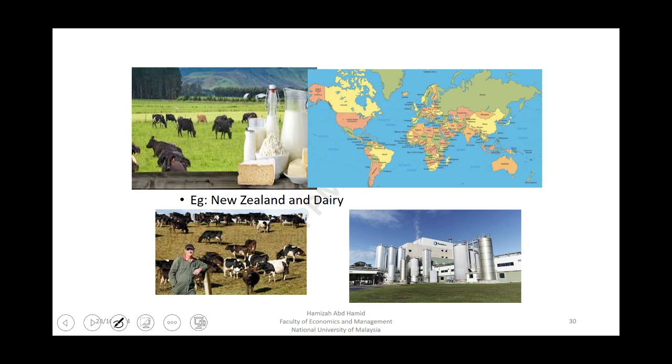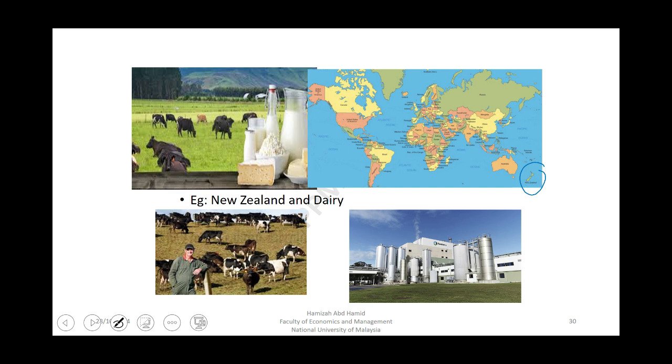One of the best examples for this is the New Zealand dairy industry. So when you look at this map, New Zealand is a country so far away from everything. A lot of countries develop through manufacturing, import, export. Because New Zealand is so far away geographically, they are able to do import, export, yes, but it's just too far and too costly to do so.